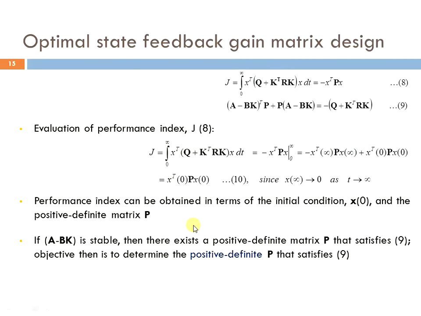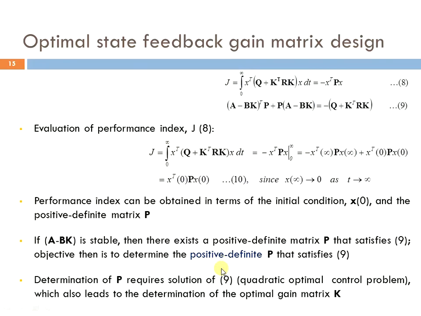So provided that the matrix A minus BK is stable, we are able to find a positive definite matrix P that satisfies equation 9, and that is the matrix that enables us to determine the optimal state feedback gain matrix, as well as to evaluate the performance index J. So the solution of the optimization problem boils down to finding the positive definite matrix P that satisfies equation 9.